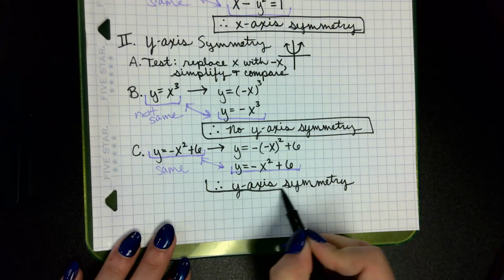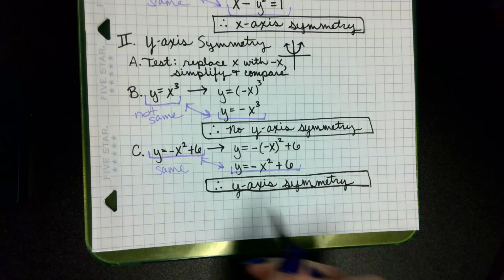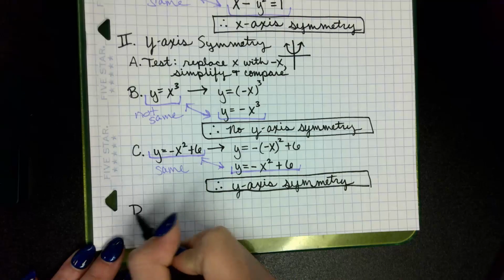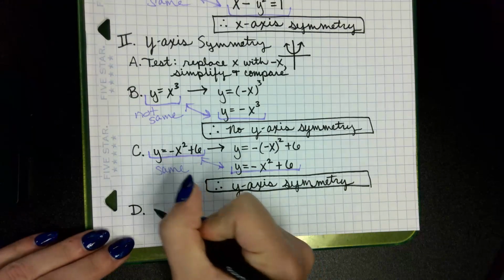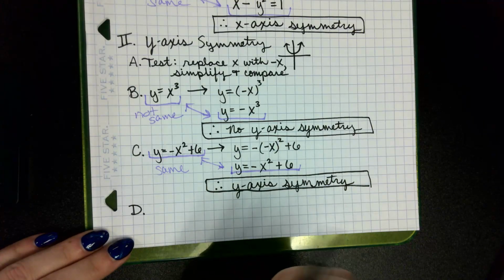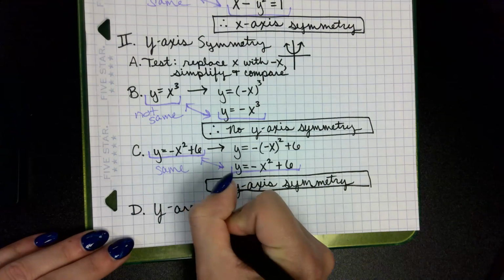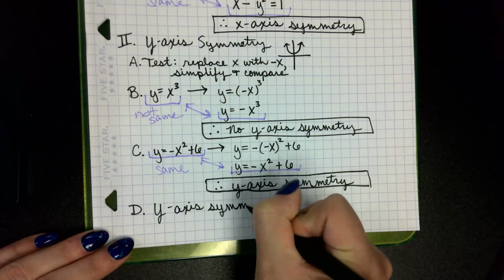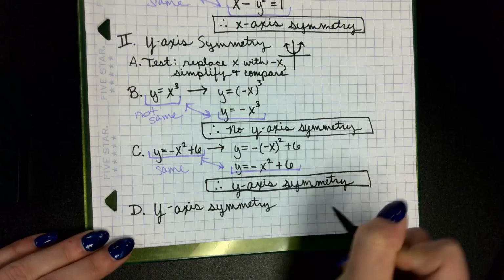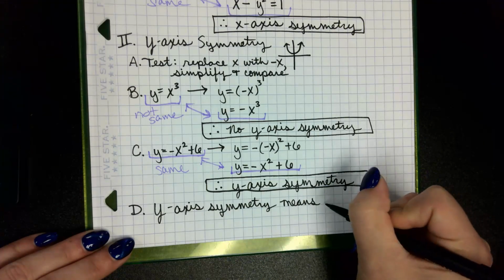And then y-axis symmetry has an extra little note that we're going to put on the bottom that really we'll deal more with later, but I'm going to point it out now. Y-axis symmetry means the function is even.